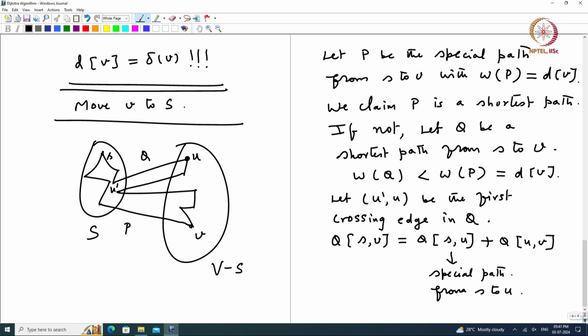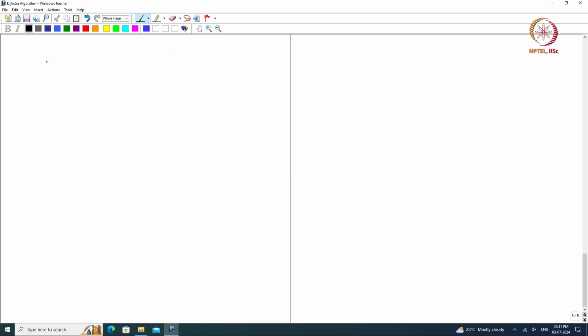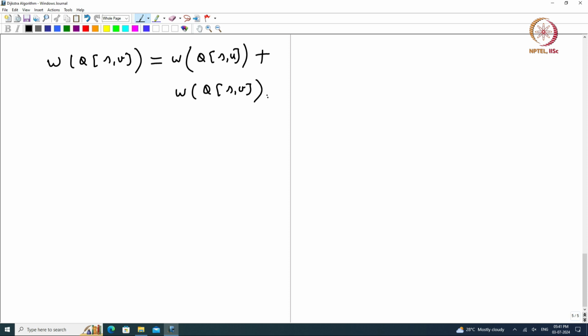Okay? So, weight of Q from S to V is the same as weight of Q from S to U plus weight of Q from U to V. It is a path that is split into two parts.